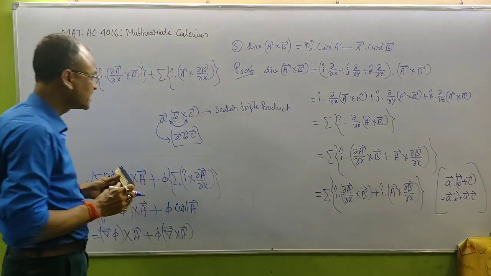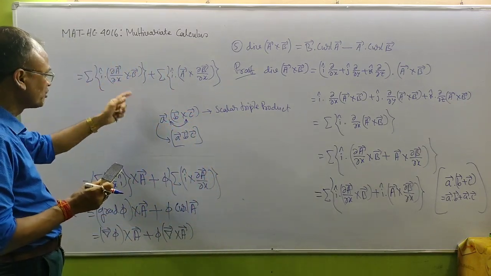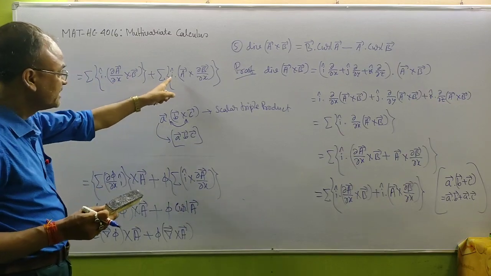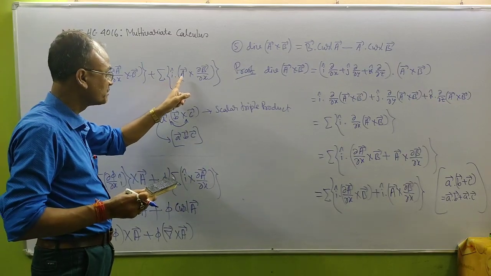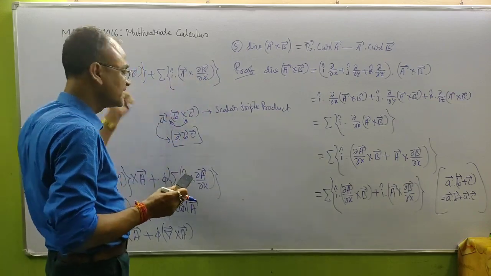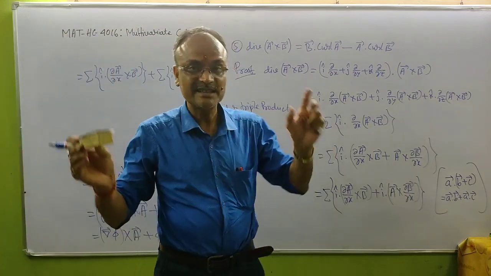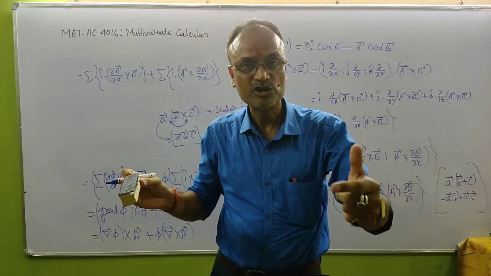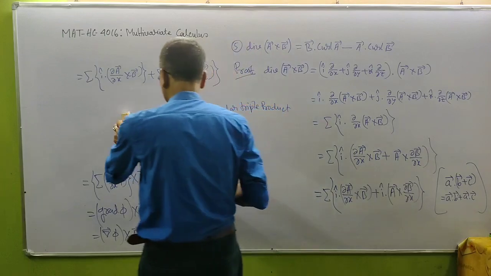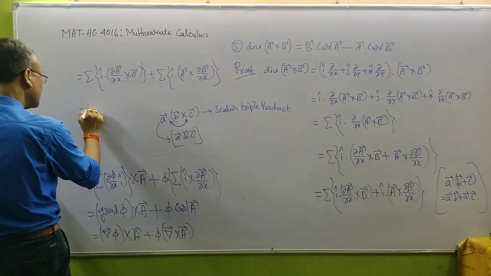This is also a scalar triple product, A vector dot B vector cross C vector. Both are scalar triple products, and in a scalar triple product the positions of dot and cross can be interchanged.